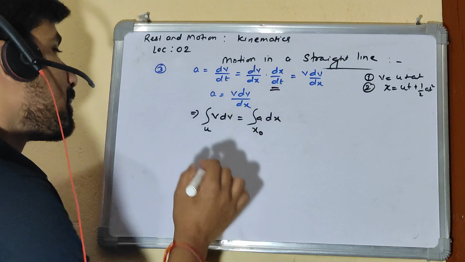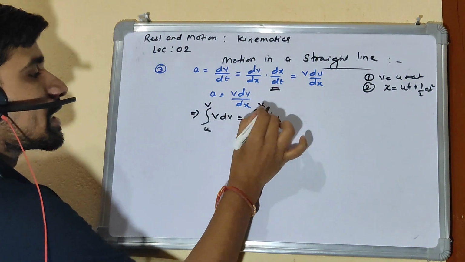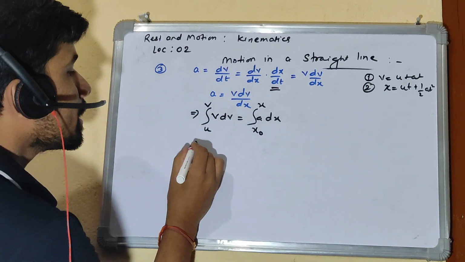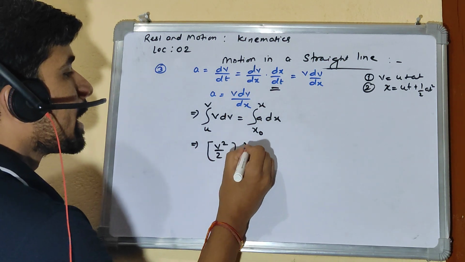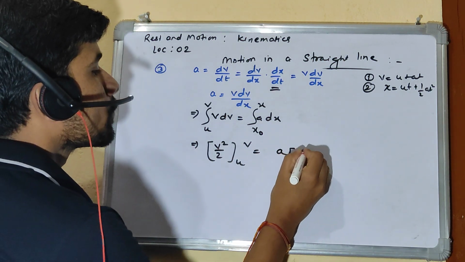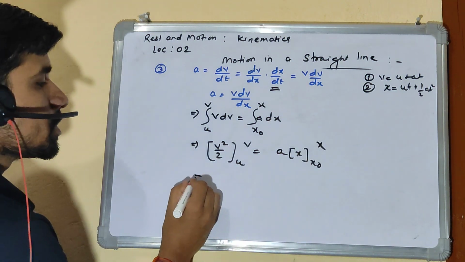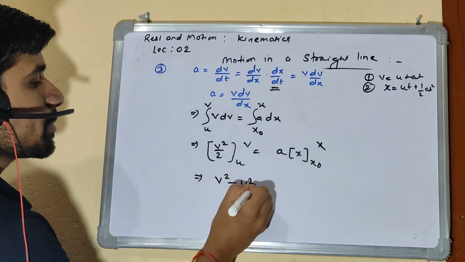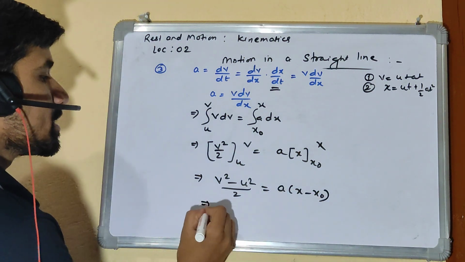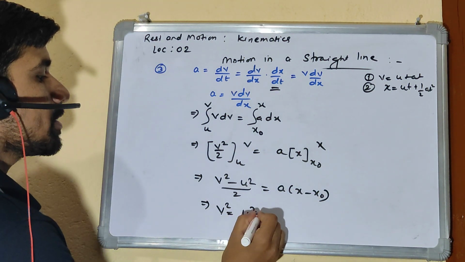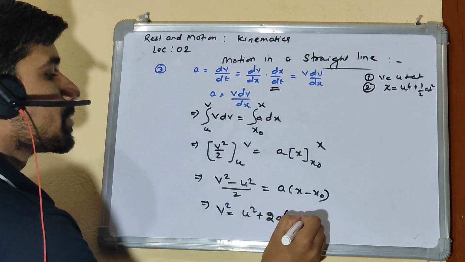At time equal to t, my final velocity is v, my position is x, right? So this integration will become v square by 2 from u to v, and this becomes ax from x naught to x. So this becomes v square minus u square by 2 equal to a into x minus x naught. So this basically becomes v square equal to u square plus 2a into x minus x naught.